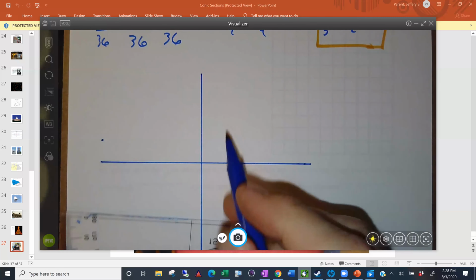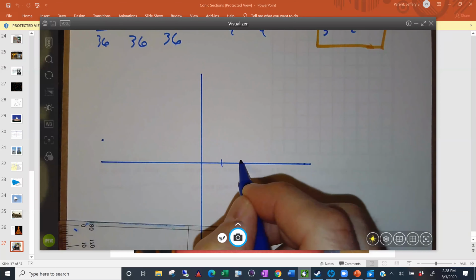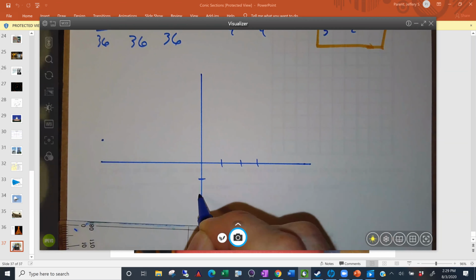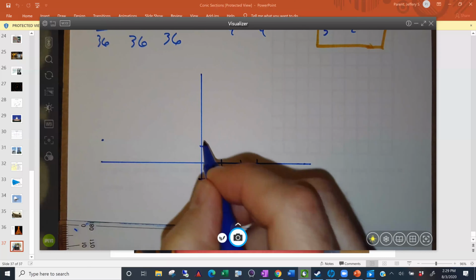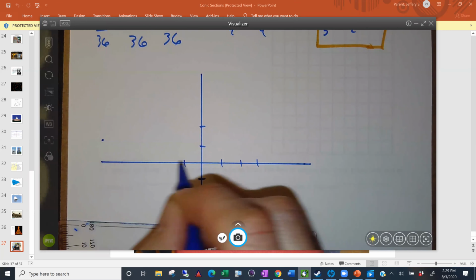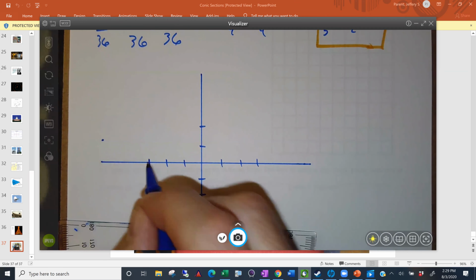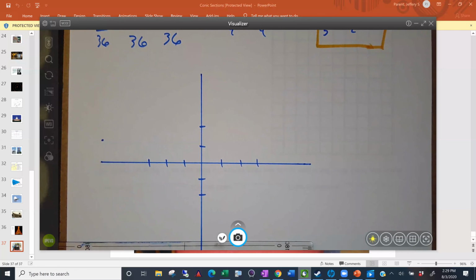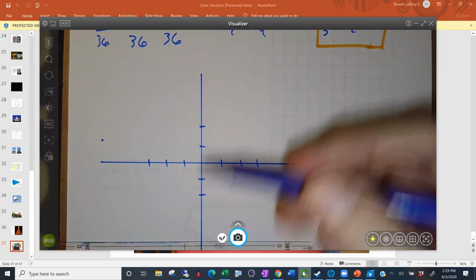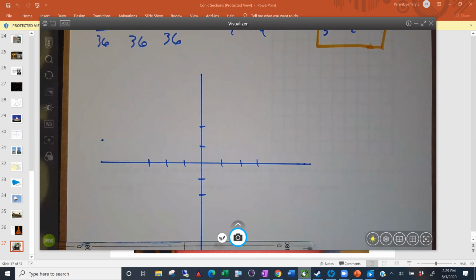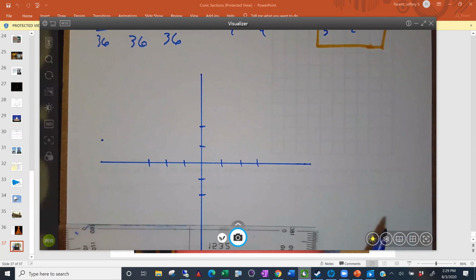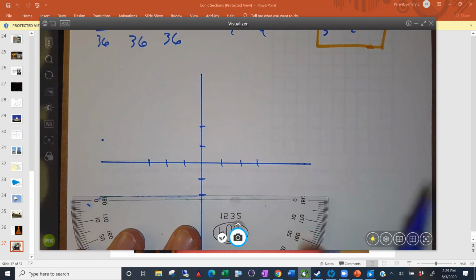So let me put some points on here. When you're drawing these things freehand, the one important thing I would suggest is to make your points pretty evenly spaced. If you squish them in one direction and not another, then things won't turn out so nice.